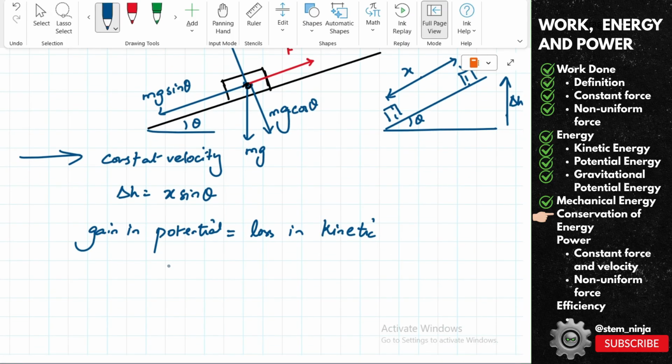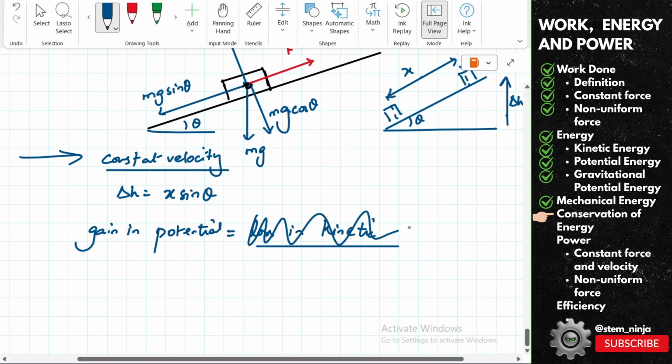Since it is constant velocity, obviously the loss in kinetic energy would be 0, right? However, this still does not mean that it is not equal to something. It is equal to the work done against gravity.